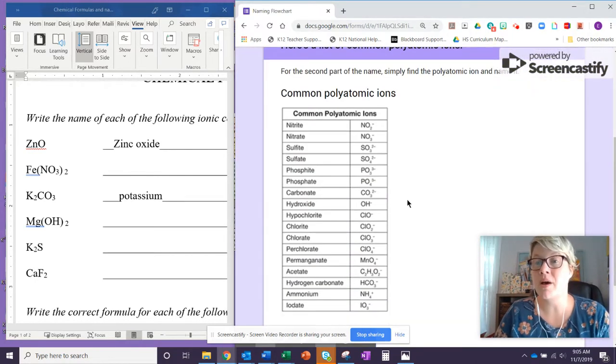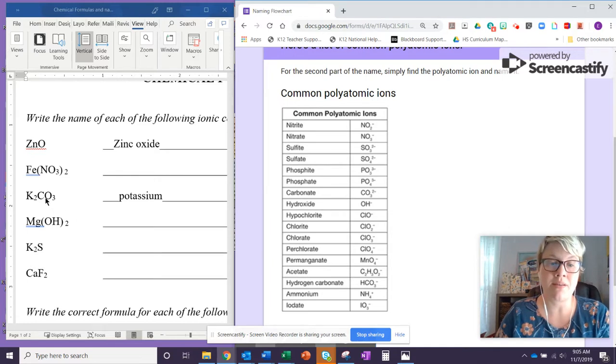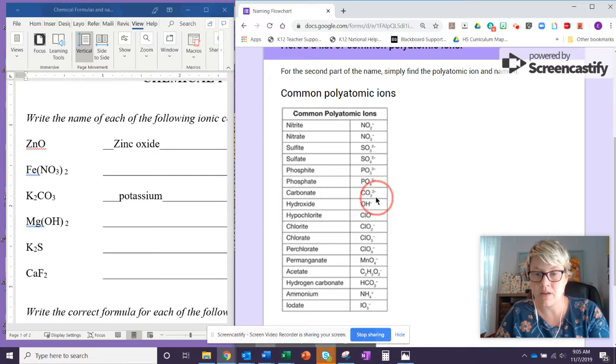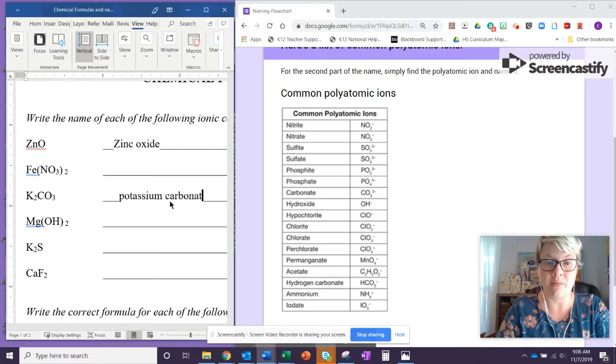And here's a list of common polyatomic ions. For the second part of the name, you simply find the polyatomic ion and name it. Our polyatomic ion is CO3, and if we look on our list, we find CO3 right here. That's called carbonate. So our compound is called potassium carbonate.